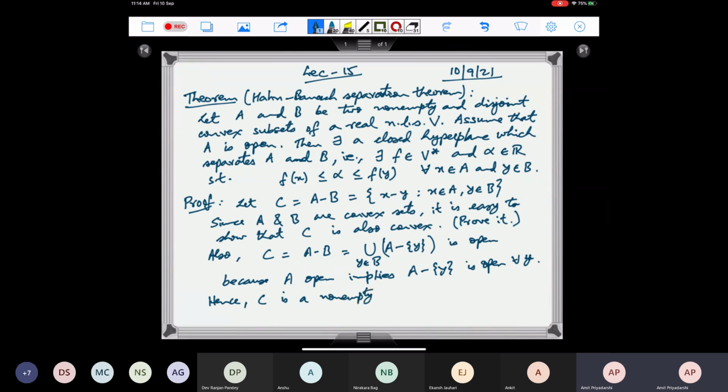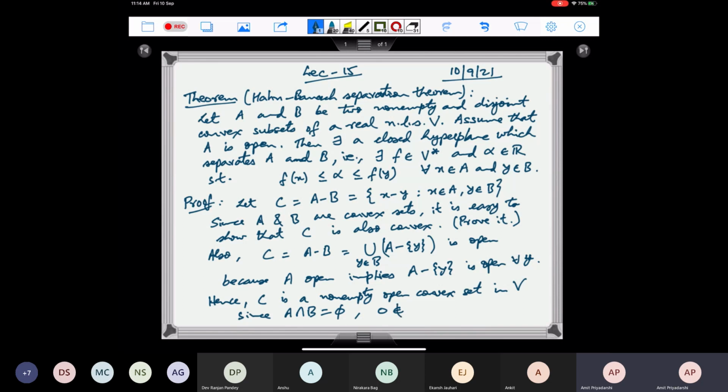So this is a non-empty open convex set in V. And you know that A and B are disjoint, since A intersection B is empty.